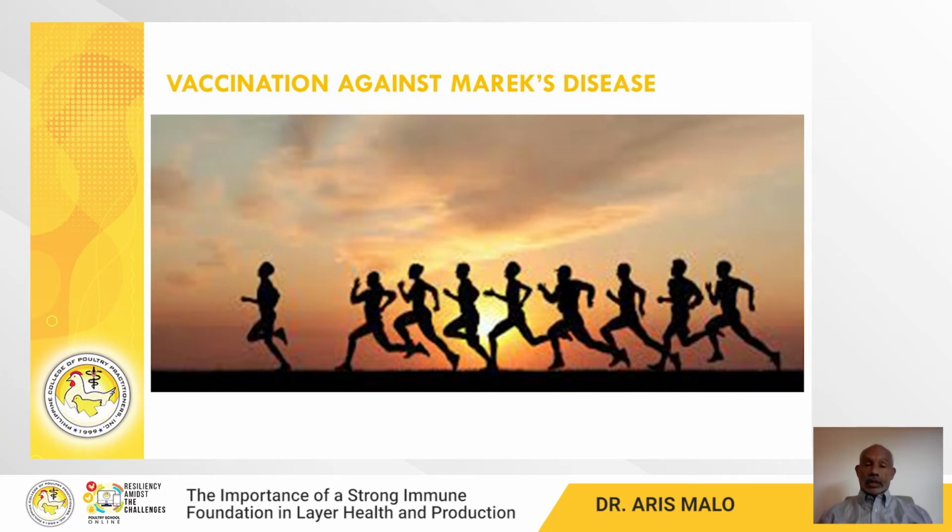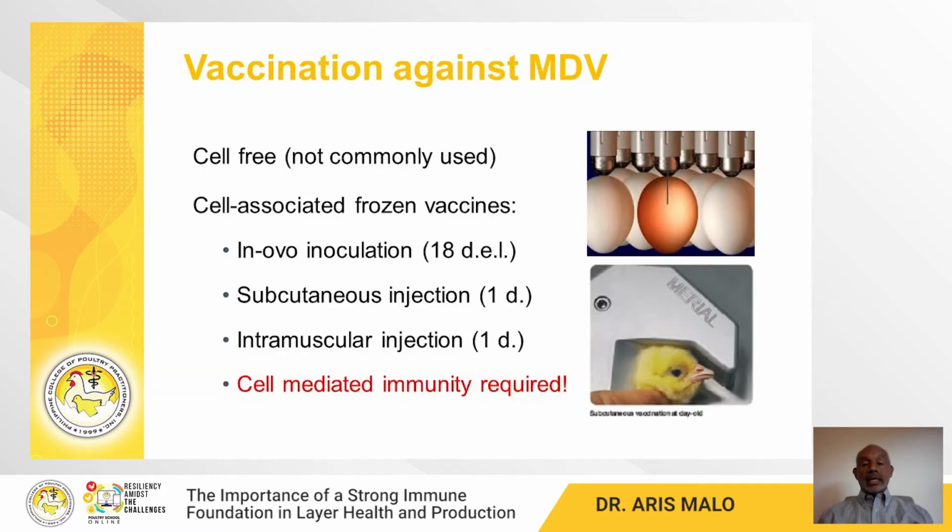Vaccination against Marek's disease is a little bit like a race in which the one that gets there first will win. So we vaccinate our birds as early as possible because we want the birds to be in contact first with a vaccine virus and not with a field strain. For this we use cell-associated frozen vaccines. There is no discussion about the age of vaccination.